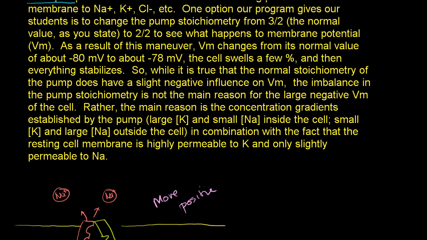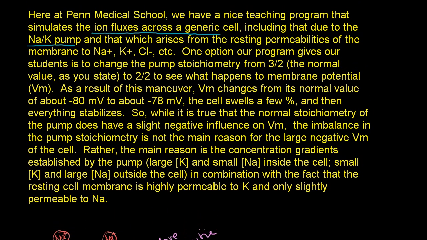We'll talk more about that in a second. And the resting permeabilities of the membrane to sodium, potassium, chloride, etc. One option our program gives students is to change the pump stoichiometry from 3 to 2. So when he's talking about pump stoichiometry from 3 to 2, he's just talking about changing the ratio. So they change it from 3 to 2 to 2 to 2.